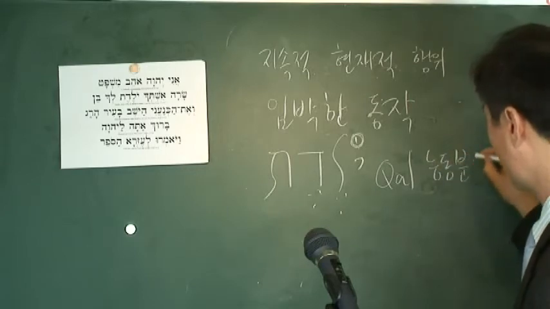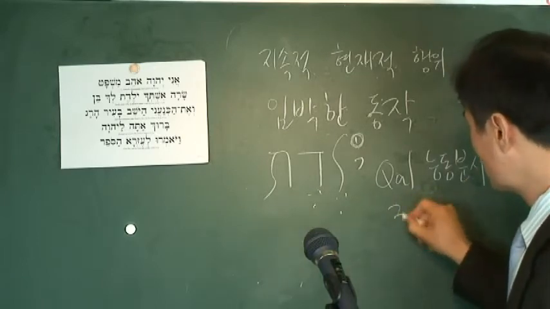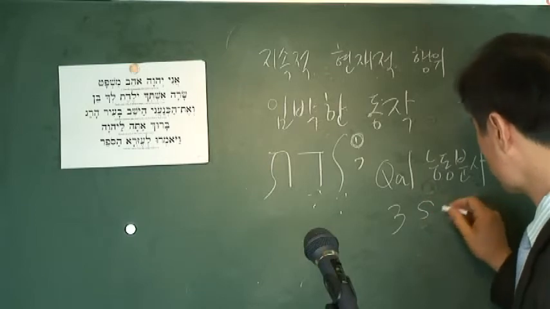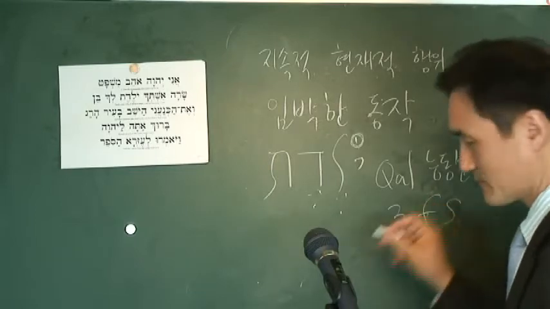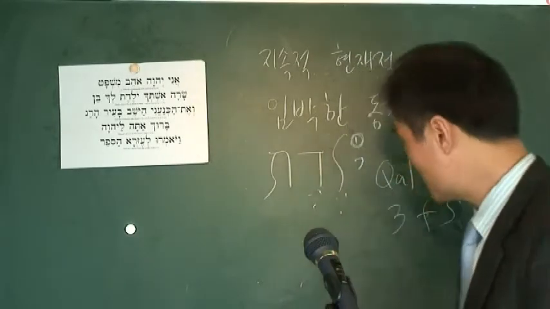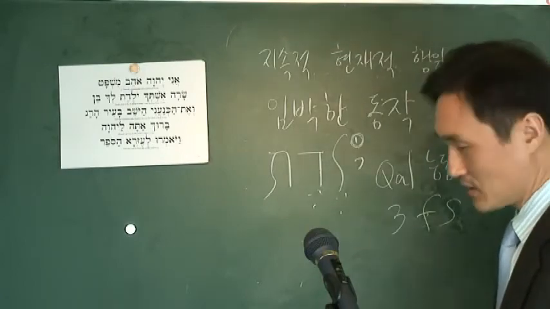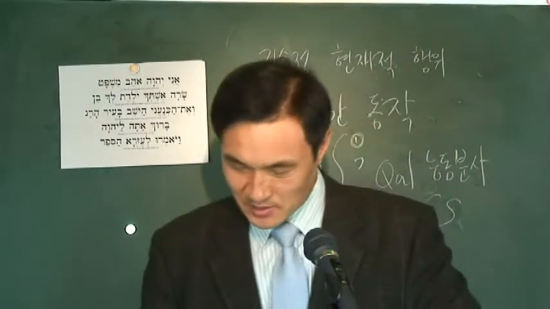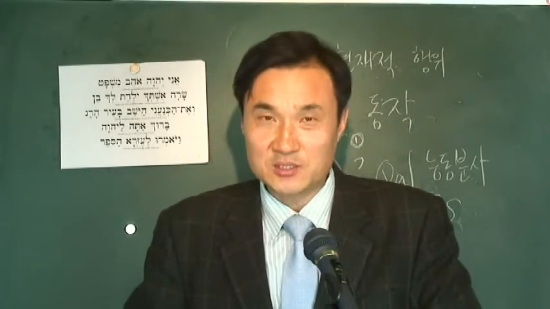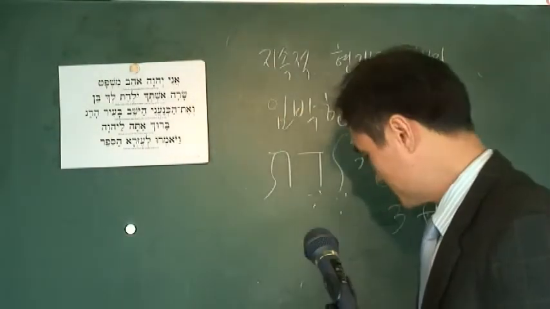This would be the third person feminine singular of the kal active participle. This is in the absolute state. Third, a participle acts as the verb of the relative clause.